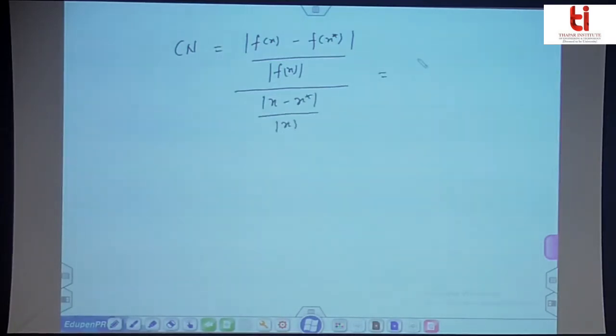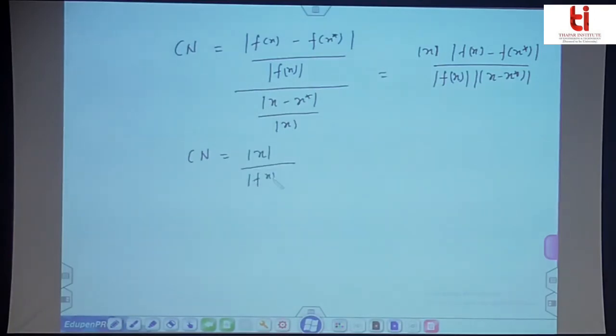We can write it like that. Cn is equivalent to mod of x upon mod of f(x) times [f(x) minus f(x*)] upon [x minus x*].